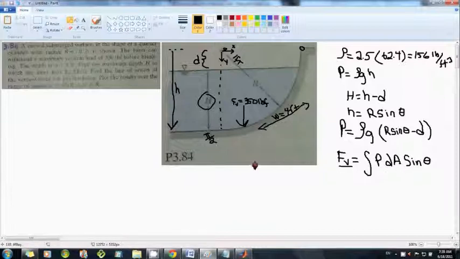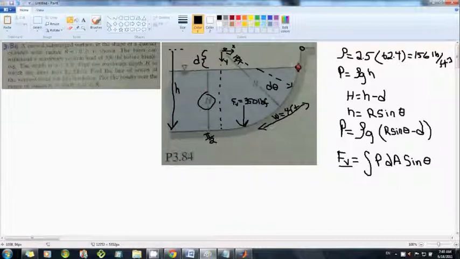Now what is our area? Our area will have to be found using a differential portion, with respect to theta. Our area would be anywhere between here to here, but I only really want it from the height h.